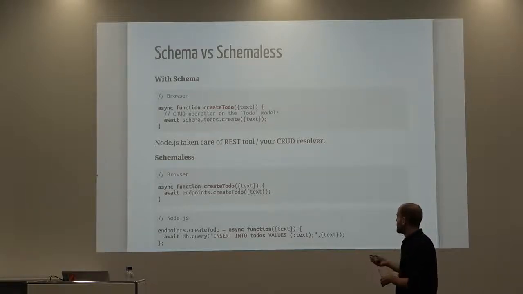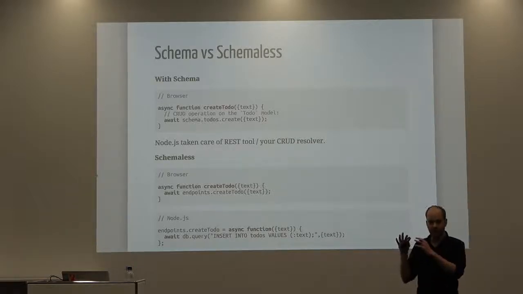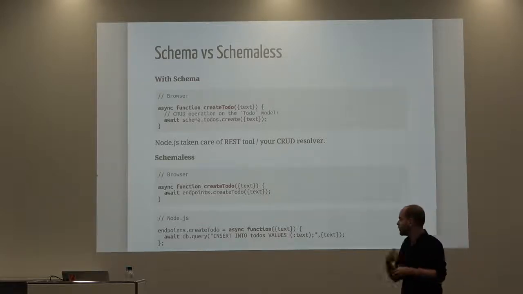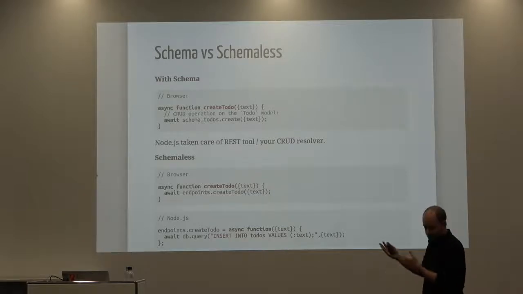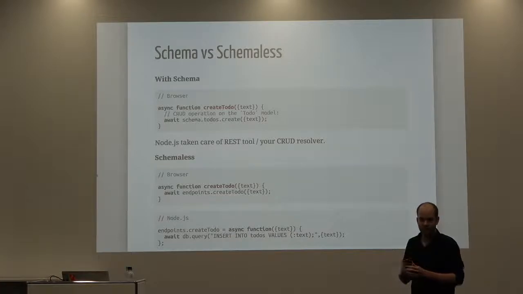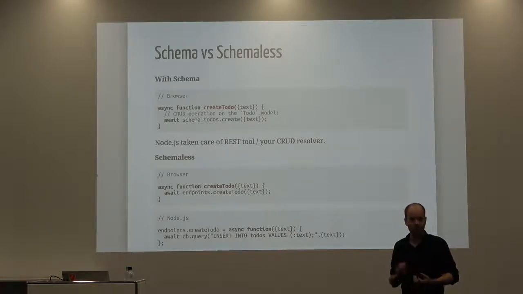Whereas here, the schema abstracts away the database from you. You use CRUD operations on these models of the schema, and that's how you, in this case from the front end, retrieve and mutate data. Whereas in schemaless, you directly use SQL or ORM queries.